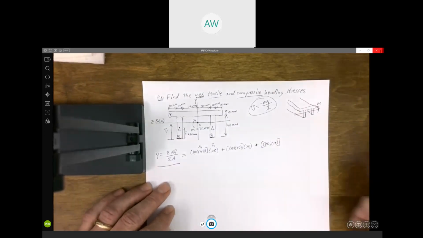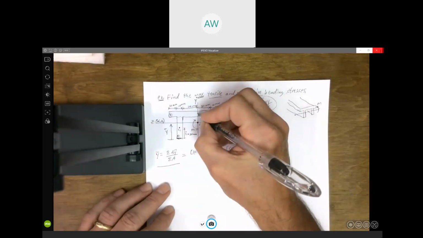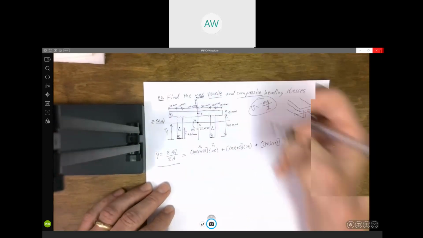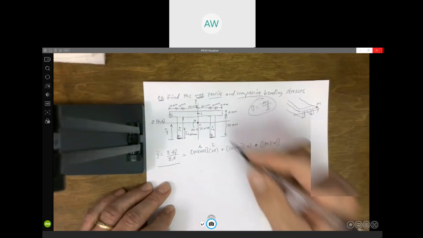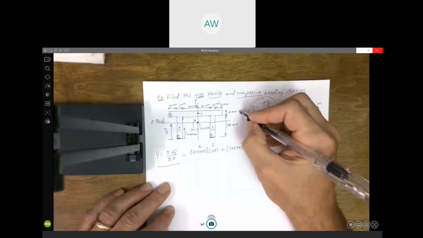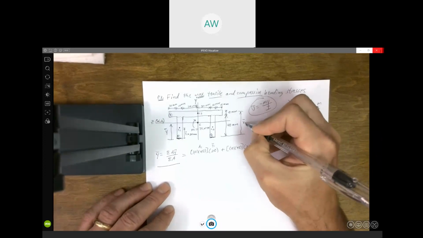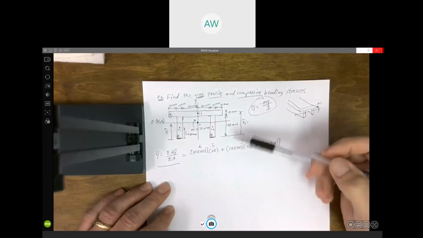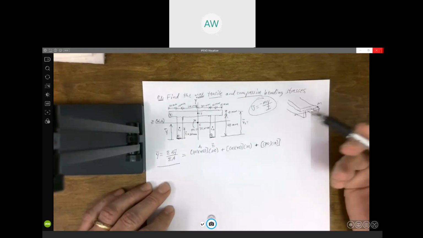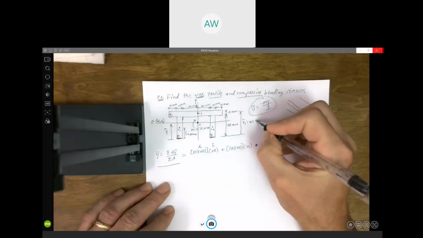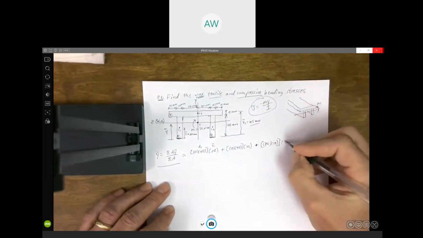So the area is 80 times 10. And its centroid is located right in the middle of area 3. So that distance would be 40, plus half of 10, which is 5. That'd be 45.